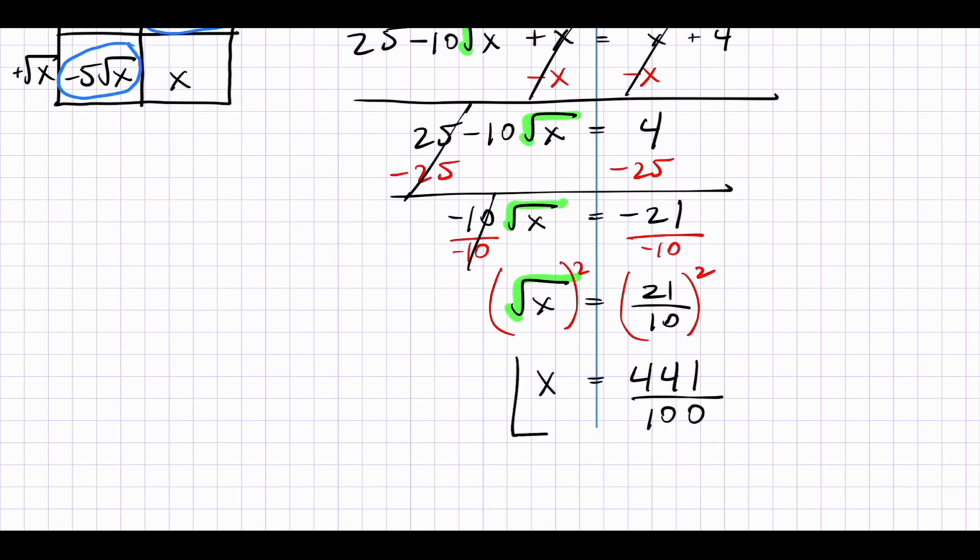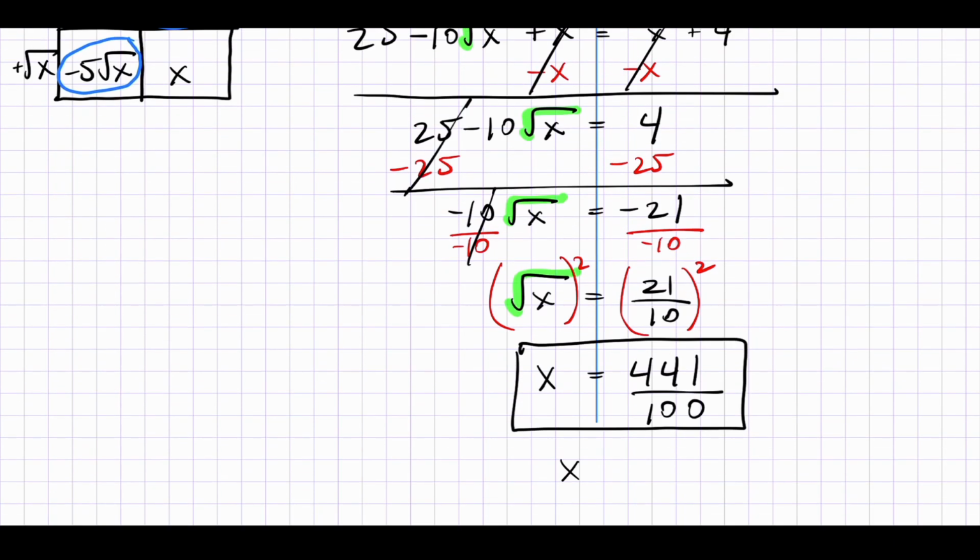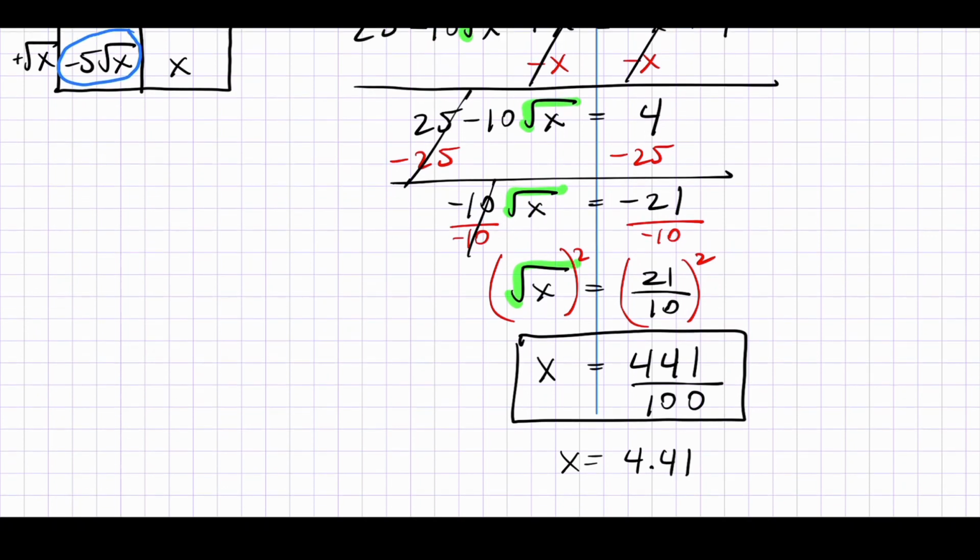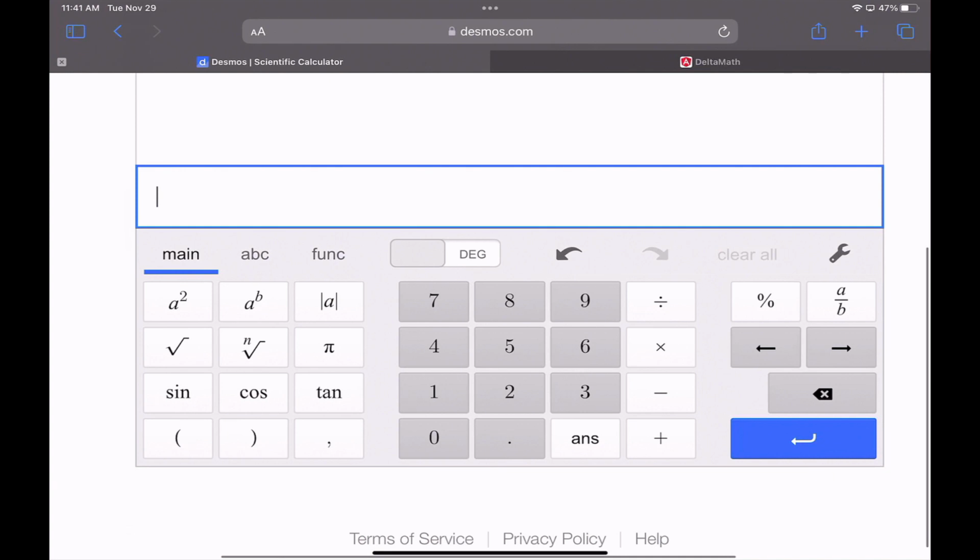Luckily, as a decimal, it's 4.41. Let me double check. Is that right? Okay.